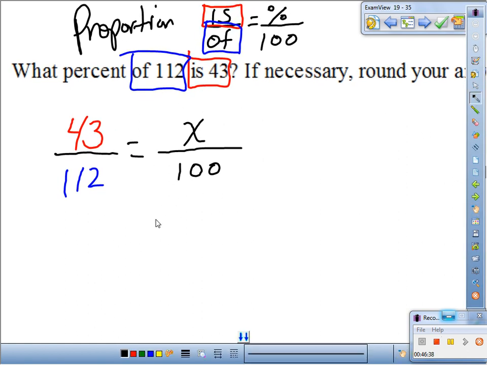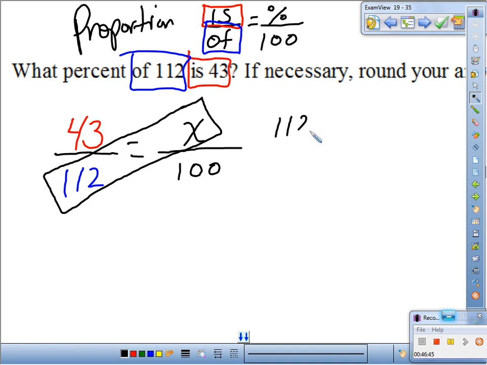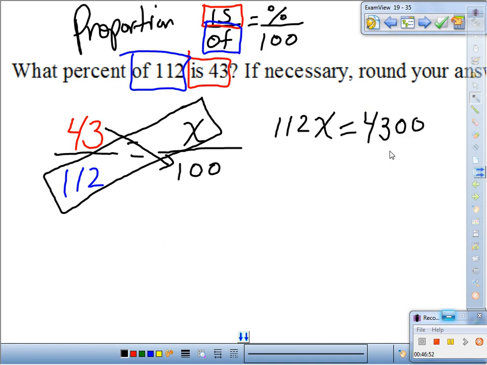So we cross multiply. We start with the variable, these two. What is 112 times x? 112x equals 43 times 100. So that's 4, 3, and 2 zeros. All right, let's solve. Line down the equal sign. Divide by 112. Divide by 112.